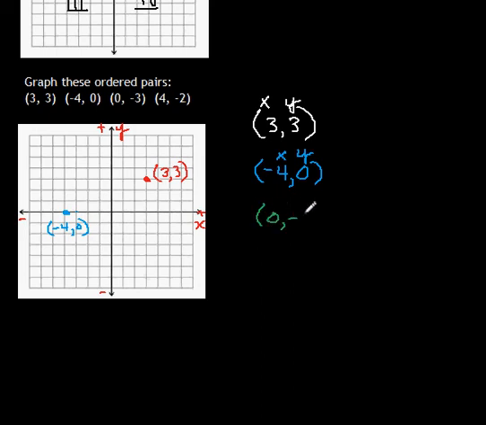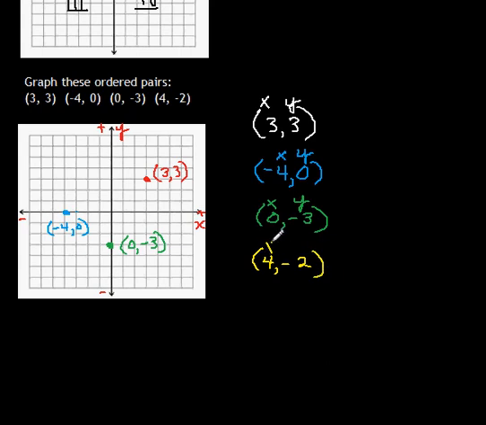0, negative 3. Our x is 0, our y is negative 3. So you start at the origin, your x is 0, so you don't go left or right at all. The y is negative 3, so you go down 1, 2, 3, and you put your point. And that's the point 0, negative 3. Let's just do the last one. The last one is 4, negative 2.